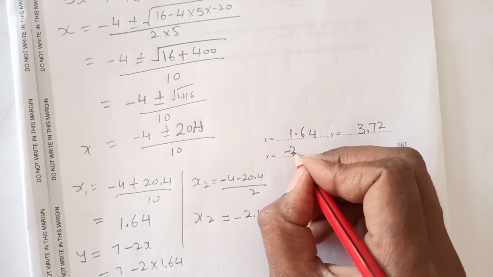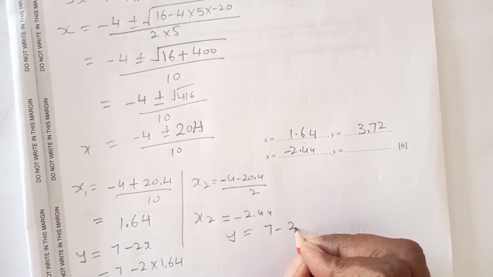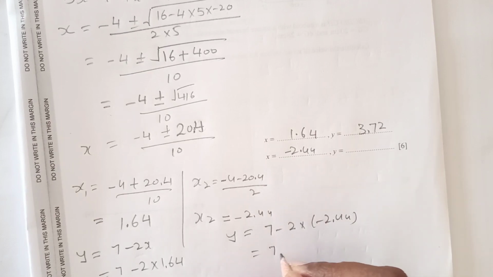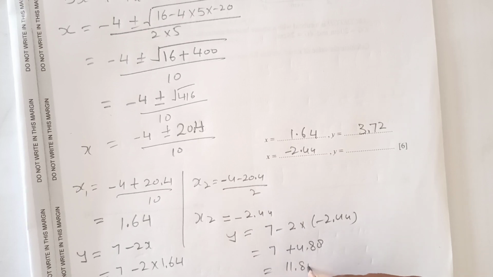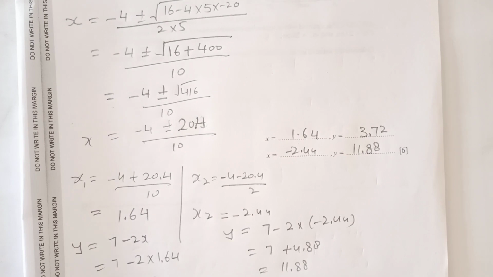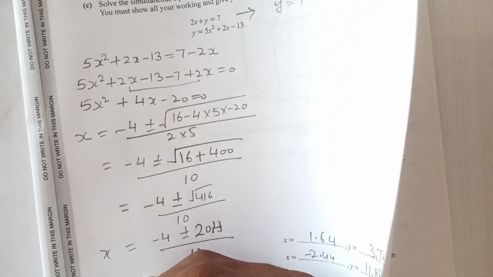When x is negative 2.44, y is 7 minus 2 times negative 2.44, 7 plus 4.88, which is 11.8. So that's it for this question. Now let's see what is the next one here.